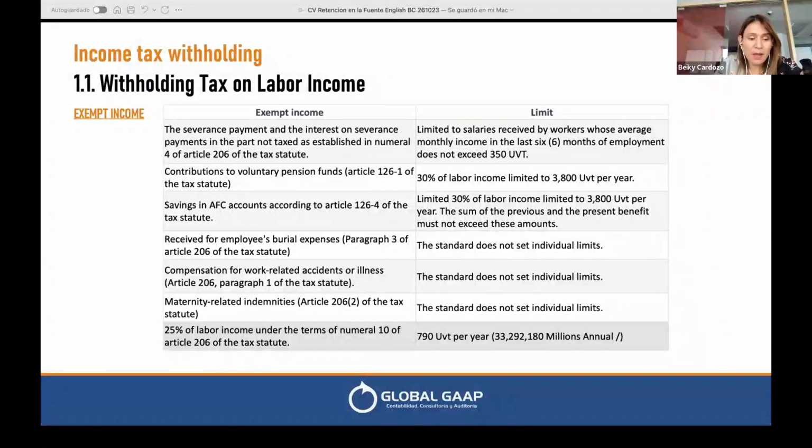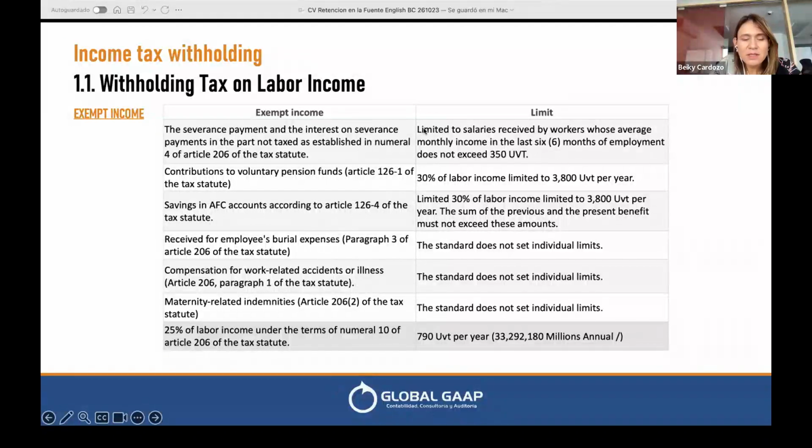One is an extra payment in the middle of the year and at the end of the year. It's just one extra salary that you divide, half in the middle of the year, half at the end of the year, and that is called prima. Then you have the cesantías. The cesantías is an exemption of these payments, so you have to take it off of your total income.